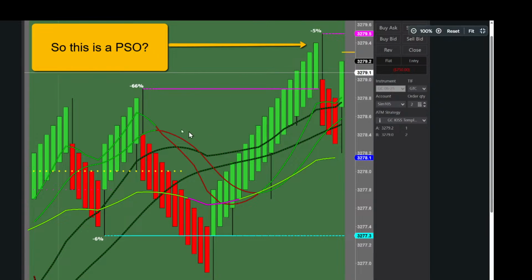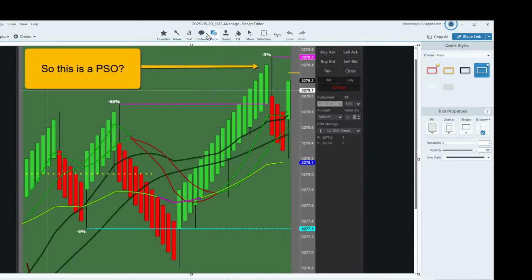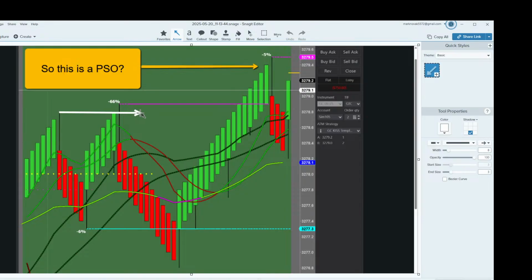But check this out. Everything's patterns. Have I ever mentioned that? If I draw a line off the top of that pivot, Better Dad, could we call this a pivot stop out without the divergence? They get a tick above and then it pushes below. And then it creates the pivot stop out here.